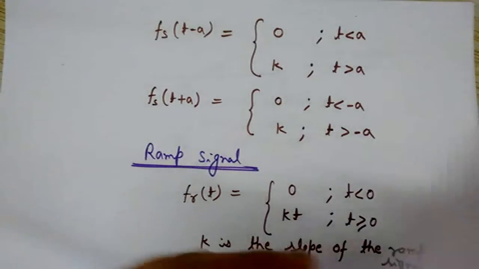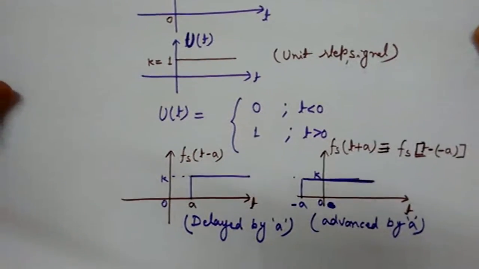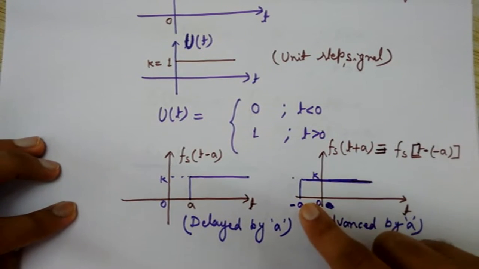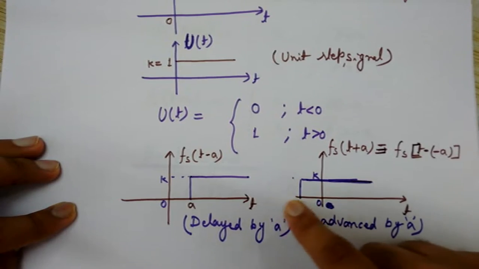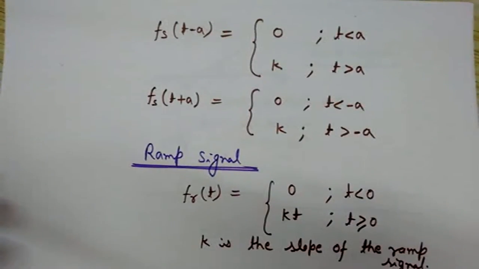As you can see from this diagram, its value is k for t greater than minus a, and it is 0 for all the values of t less than minus a. So this is the shifted signal, which is advanced in time by constant value a.